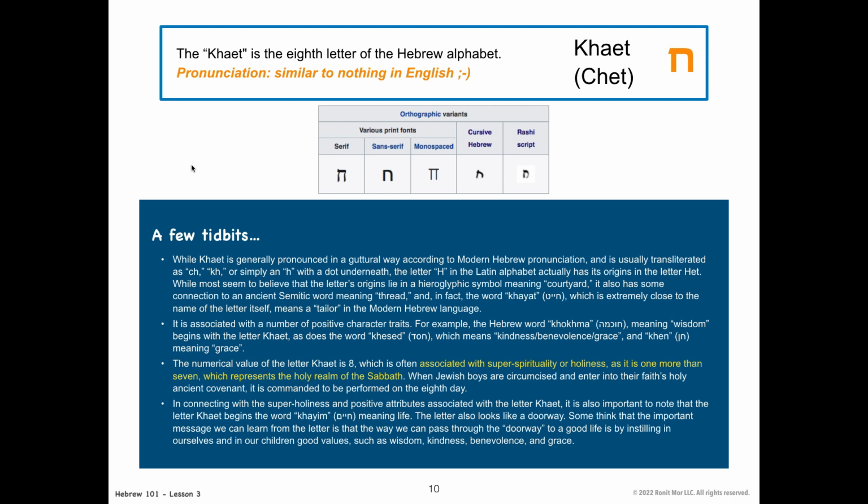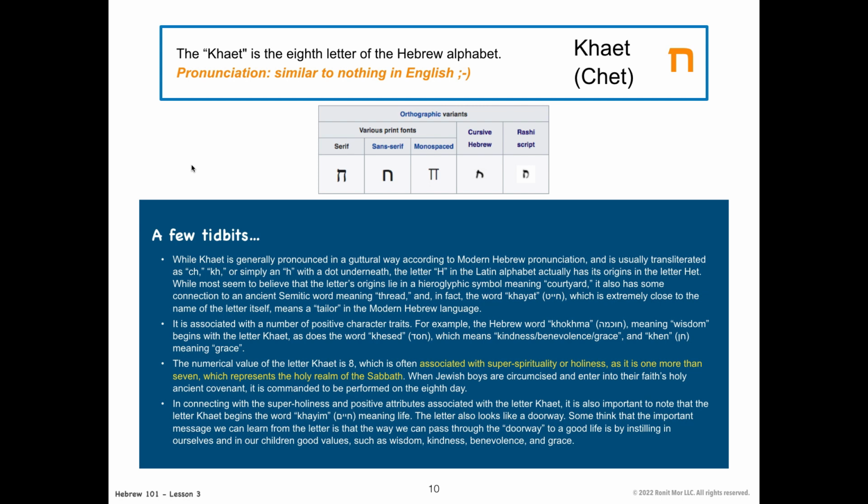It is associated with a number of positive character traits, for example, the Hebrew word chokhmah, meaning wisdom. It starts with the letter chet, as does the word chesed, which means kindness, benevolence, grace, and chen, meaning grace.